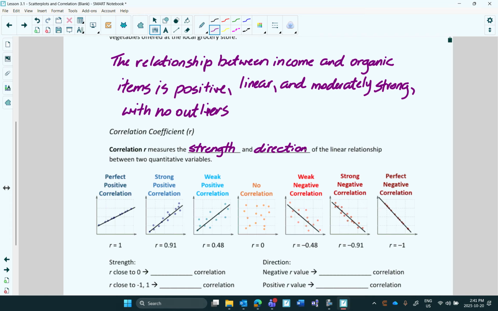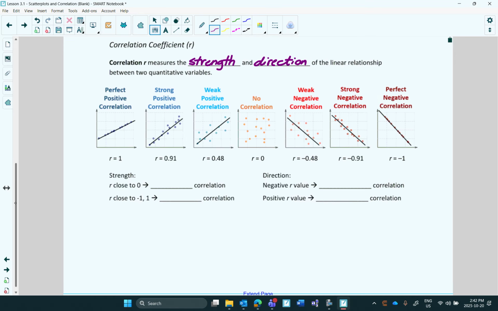We're going to focus on the gray areas, where it's like, okay, this one's pretty strong, 0.91, but the weaker one is under 0.5. And you see similar going the other way with the negative correlations. If r is close to 0, we have a weak correlation.